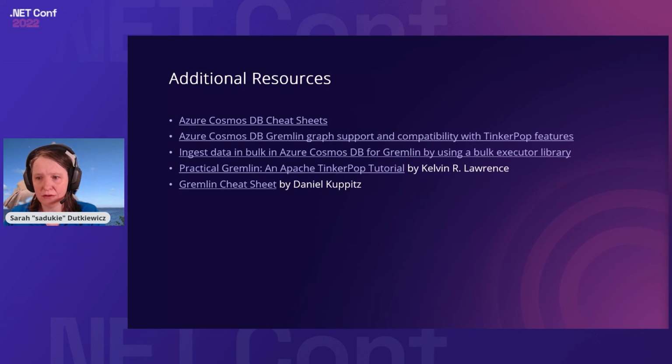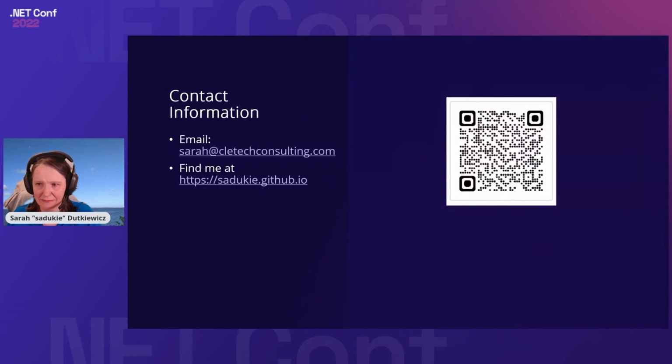Practical Gremlin is a great tutorial if you want to go soup to nuts, A to Z, beginner to let's jump into this. Kelvin Lawrence's tutorial I love recommending because it's a great gradual introduction. And then Daniel Kuppitz has another great Gremlin cheat sheet as well. So if you find yourself working with Gremlin and the Gremlin syntax, that's that.